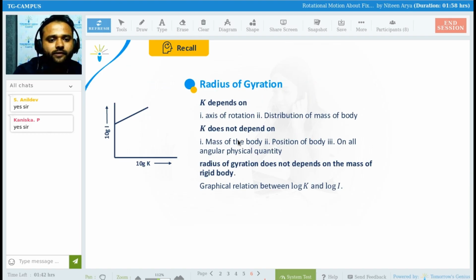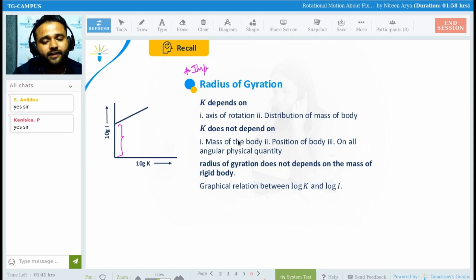Moving ahead, this is an important one also. The radius of gyration, or you can say the slope between log of I and log of k. The log I and the log k give you a relation like y equals mx plus c, so this is always going to be there.